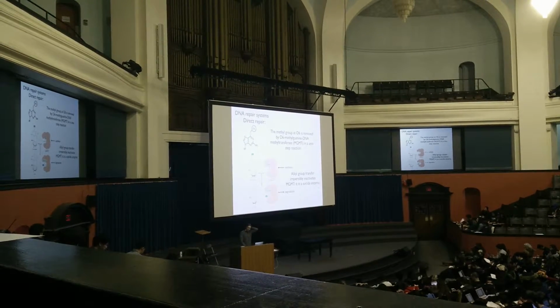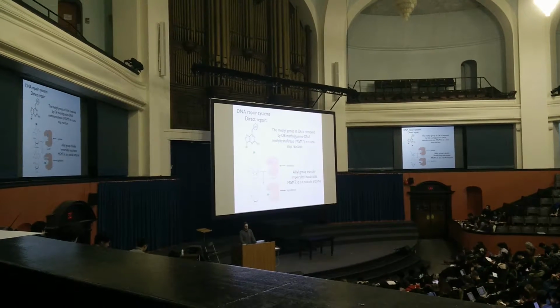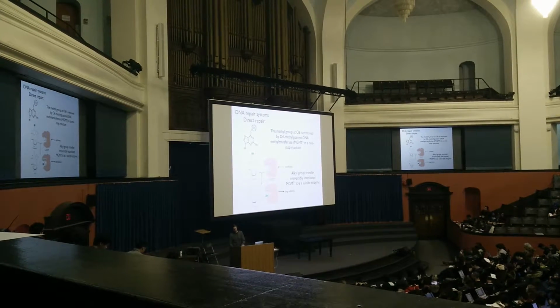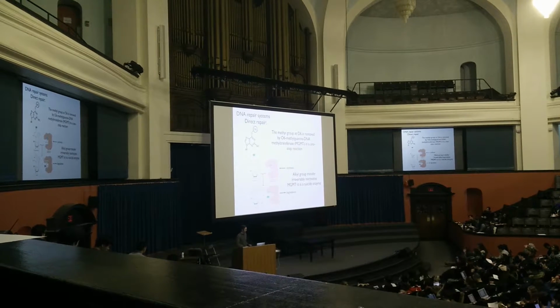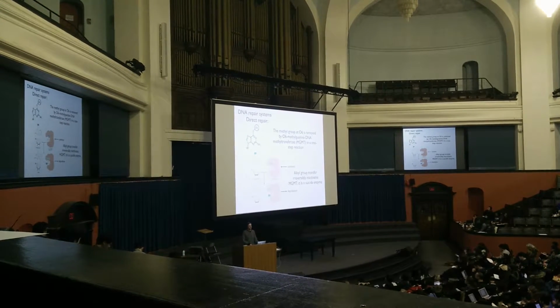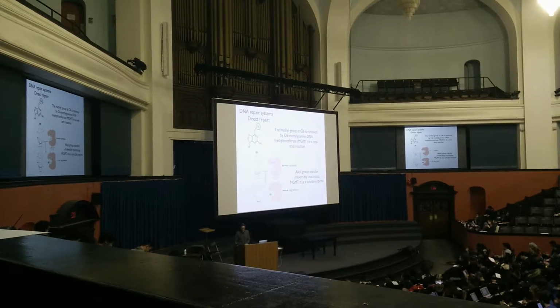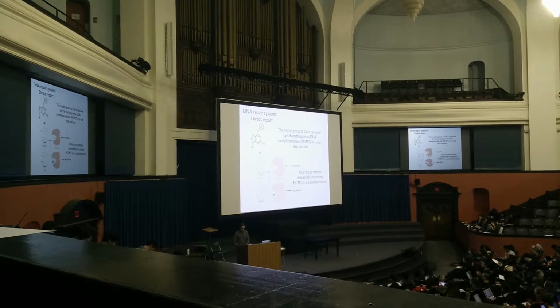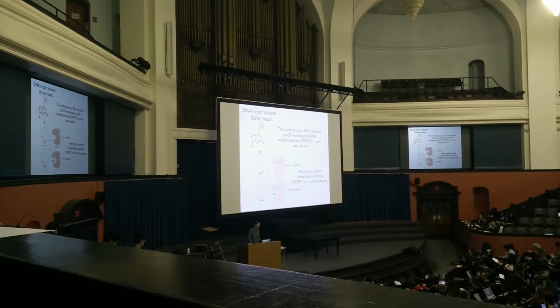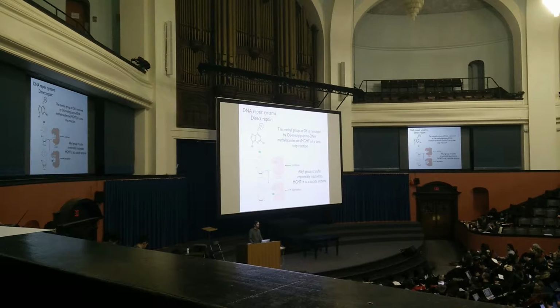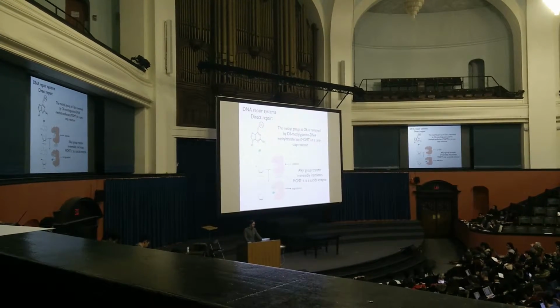As I mentioned, I'm not going to have time to talk about all the different kinds of repair. I deeply regret not being able to talk about double-strand break repair because it's super important and super interesting, but it's also super complicated. So what I'm going to talk about, sort of in order of complexity, are 3 systems, starting with direct repair.